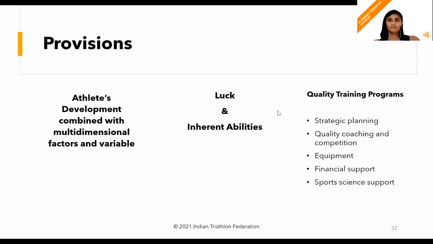All right. So what are the things that we are looking at? Obviously, the primary objective is to provide your athlete with the best possible factors to help them in their development. Understand that, yes, luck plays a role, but a very, very small one.